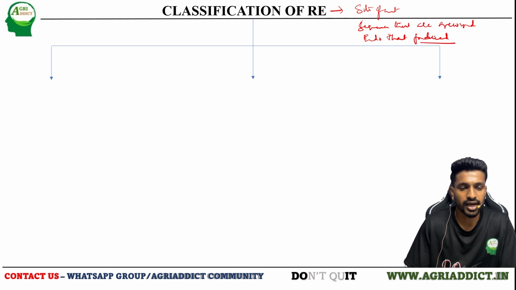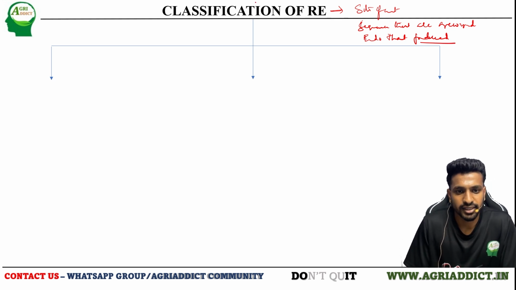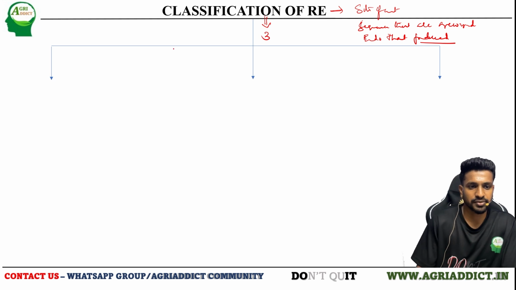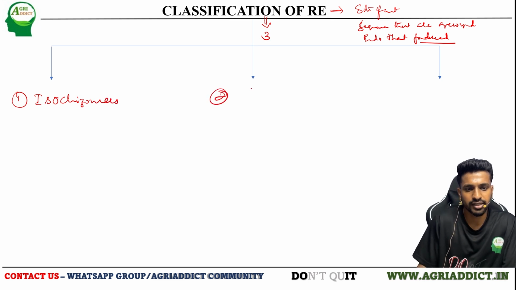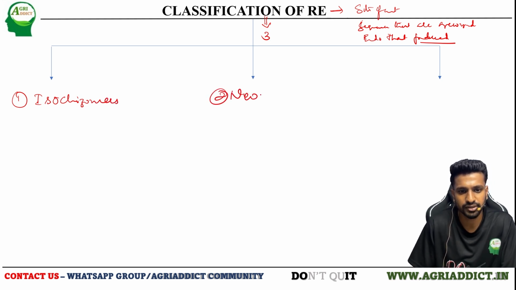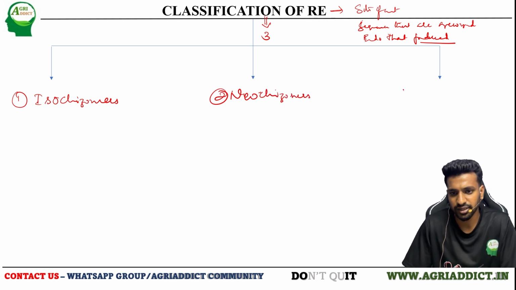Based on that, these restriction endonucleases are categorized into three different types. One is isocaudomers, sorry, isoschizomers, second is called neoschizomers, and the last one is called isocaudomers.